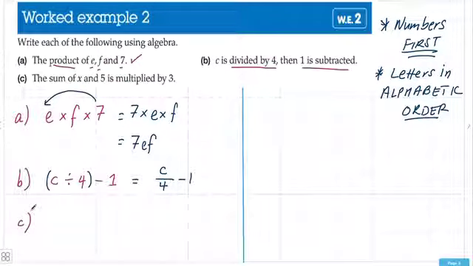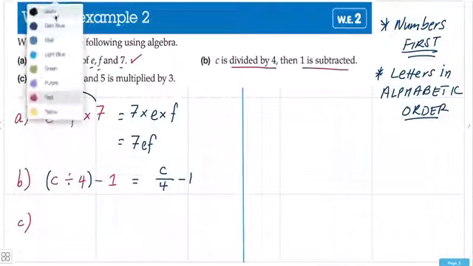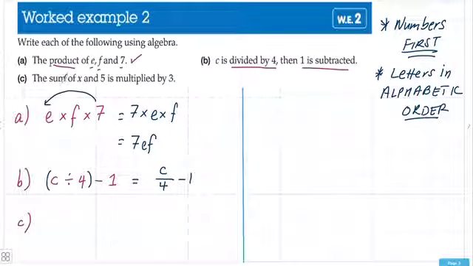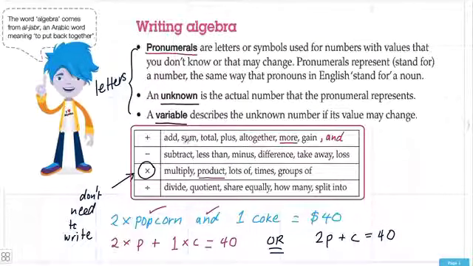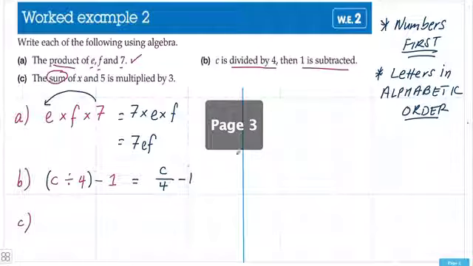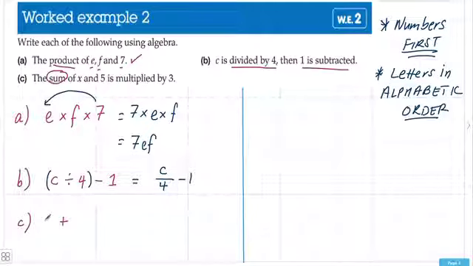The last example is C. The sum of x and 5 is multiplied by 3. Have a go at it first if you think you've got an idea and we'll check it. So the sum, when you see the word sum, go back to your table. Sum means add. So the sum of x and 5 is multiplied by 3. Now that actually means that all of this is multiplied by 3 because it's the sum of x and 5 and then that whole thing is multiplied by 3.